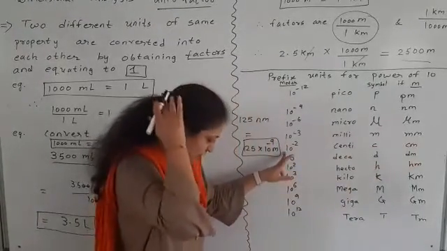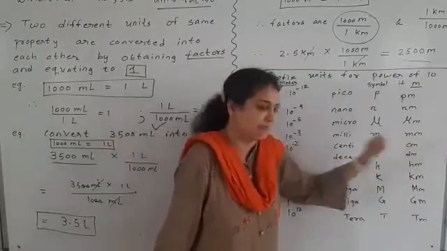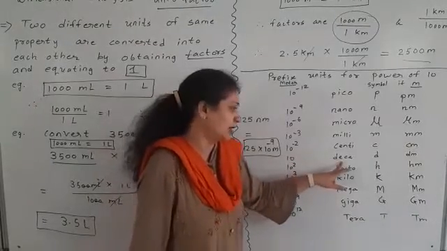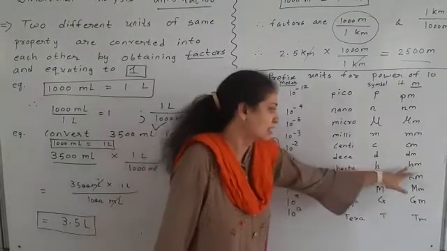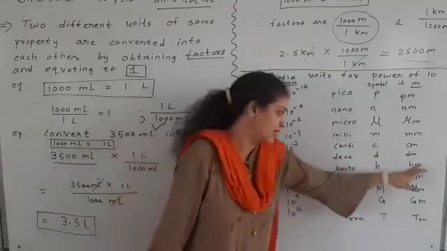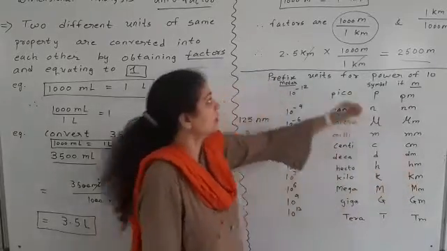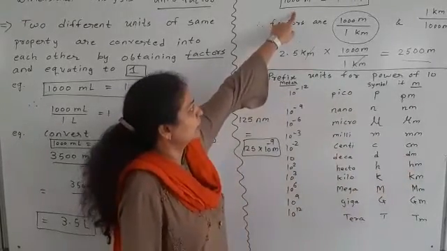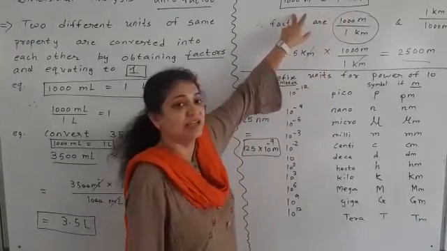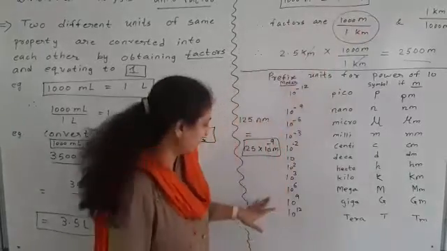Then 10 raised to power minus 2 is centi, written as cm. 10 to the power 1 is deca, so dam. 10 raised to power 2 is hecto, so hm. 10 raised to power 3 is kilo, so kilometer. You can see here that 1000 meter is equal to 1 kilometer, so 1000 meter can be written as 10 to the power 3, that is kilometer.